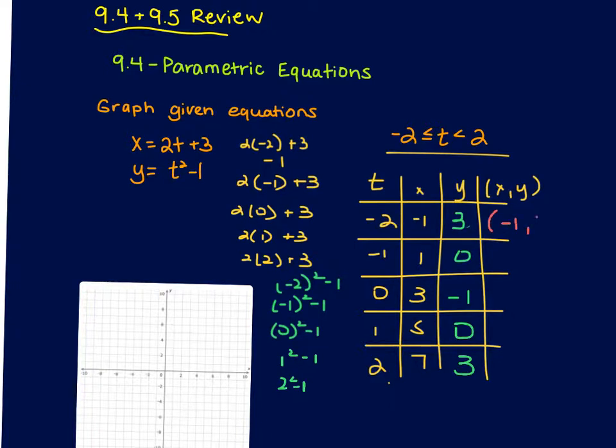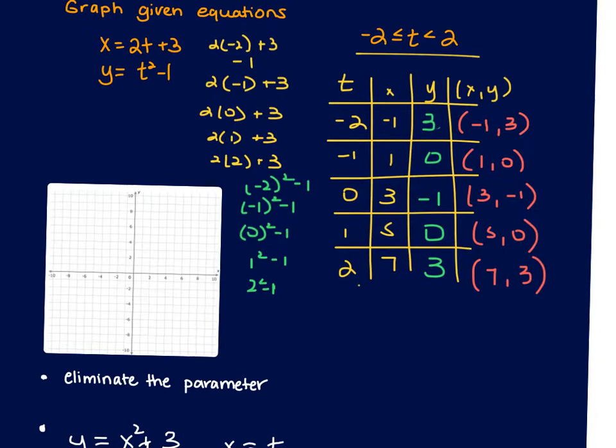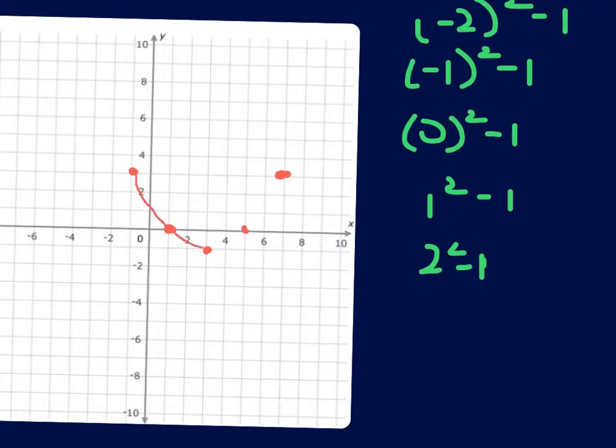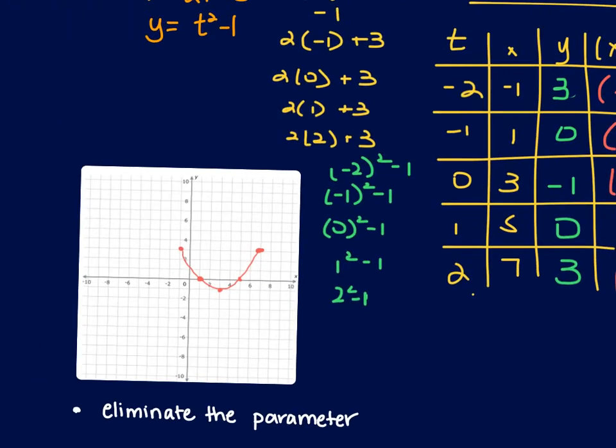So then it's the x, y combination: -1, 3; 1, 0; 3, -1; 5, 0; 7, 3. And then I'm going to plot those points, connect your points, and then establish your direction.